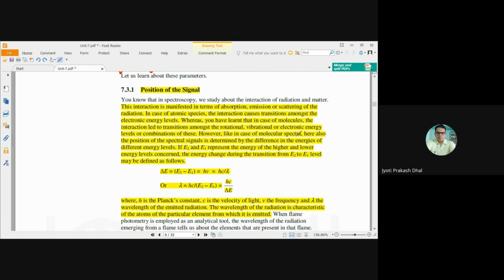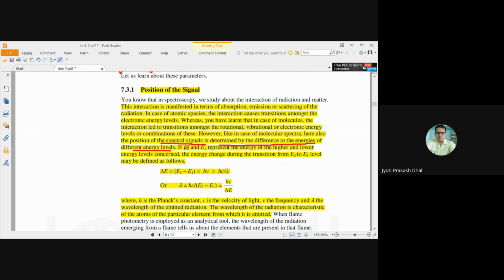However, like in case of molecular spectra, here also the position of the spectral signal or the peak is determined by the difference in the energy levels. So just like molecular spectra, here also we can find out the position of the peak by determining the energy difference where the electron will undergo transition from one energy level to another energy level.